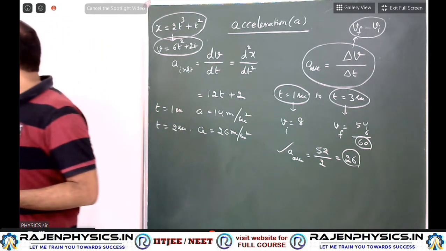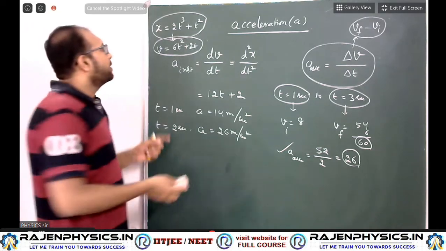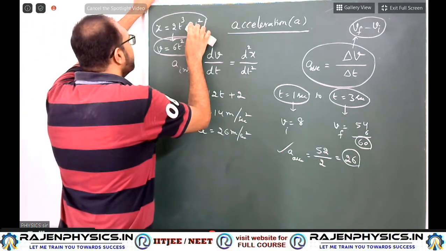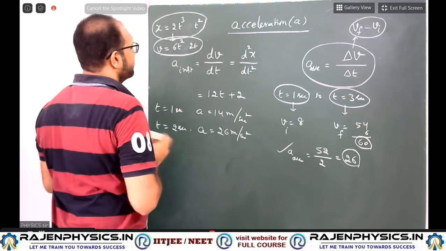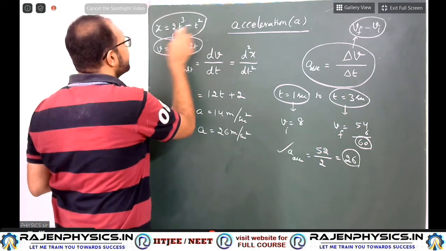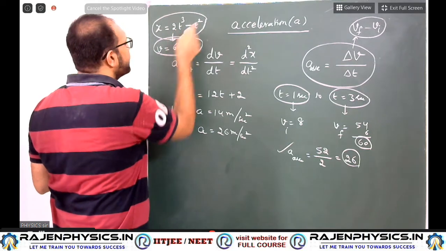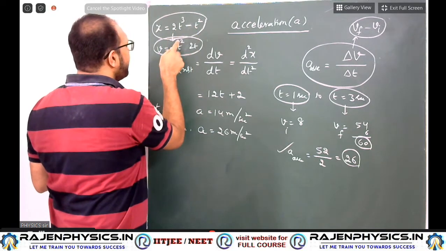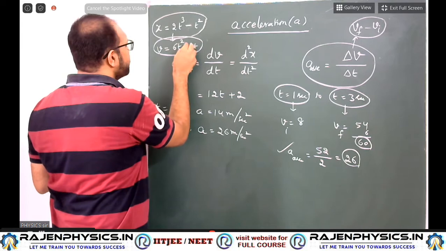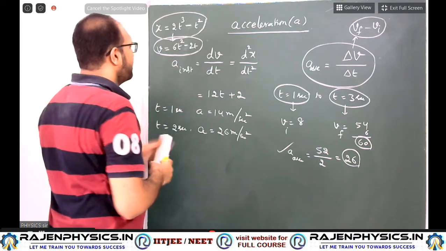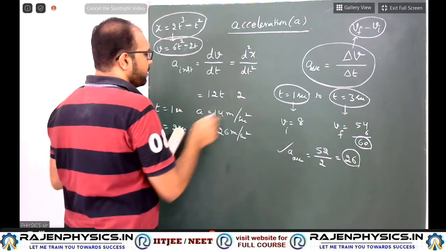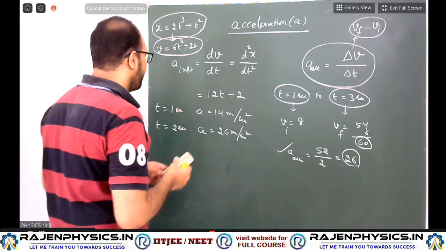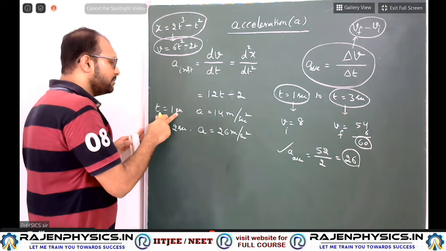Now suppose x equal to t cube minus t square, so v equals 6t square minus 2t. Then instantaneous acceleration at t equal to 1 second.